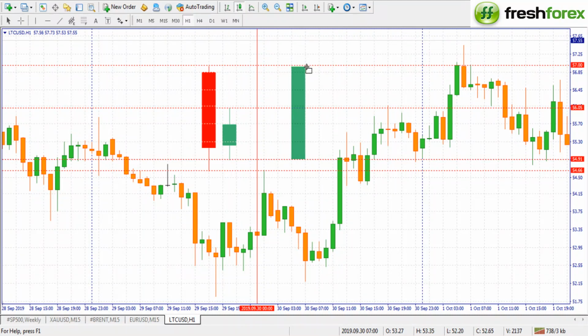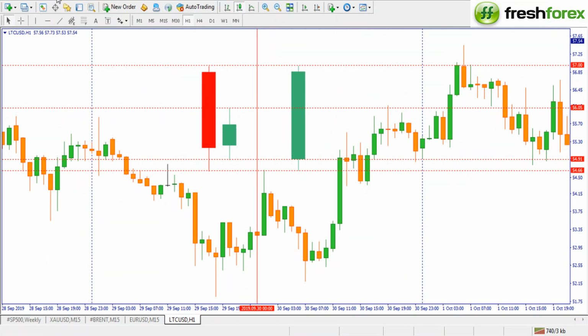When you have something like this, a very big candle, we expect the next candle to also be green.